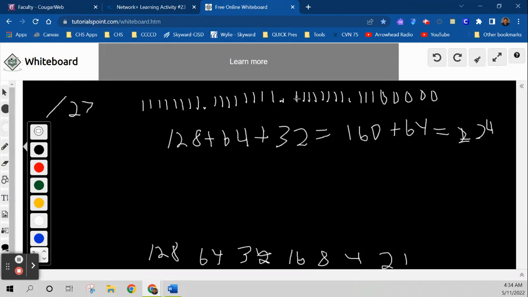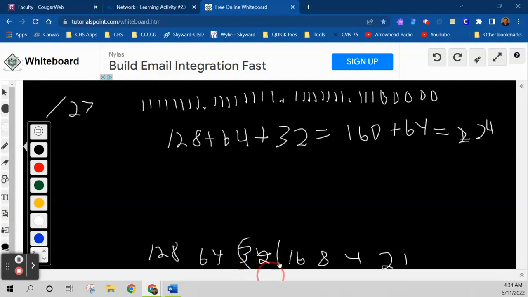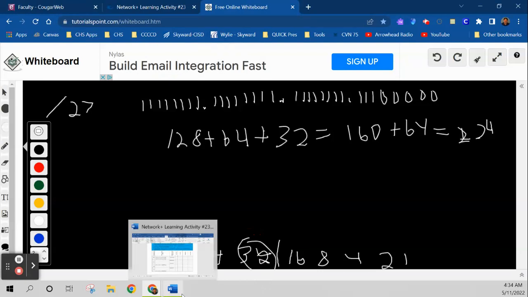So in this scenario, 1, 2, 3 is the bits that we borrowed, and right here is where we stop. This is where we tell the computer, hey, we're going to keep these free for the host, and we're going to use this for the network. This is the part that indicates the network area that we're working with. So we know that we're stopping on 32. So this is your increment, and that happens in all cases.